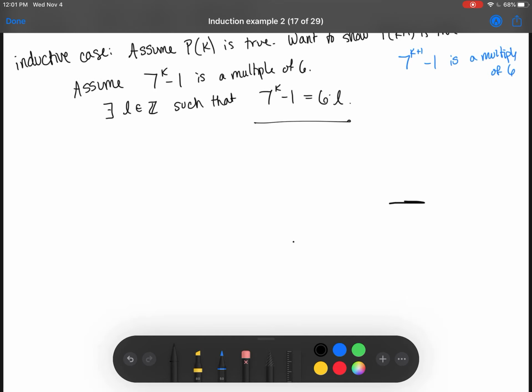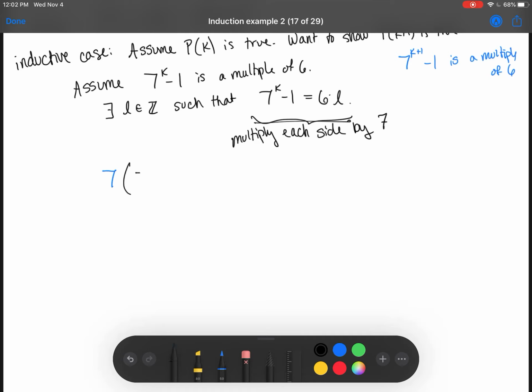Well, the way that we're going to do that is take this equation right here, and multiply each side by 7. Of course we know that's a perfectly valid mathematical thing to do.